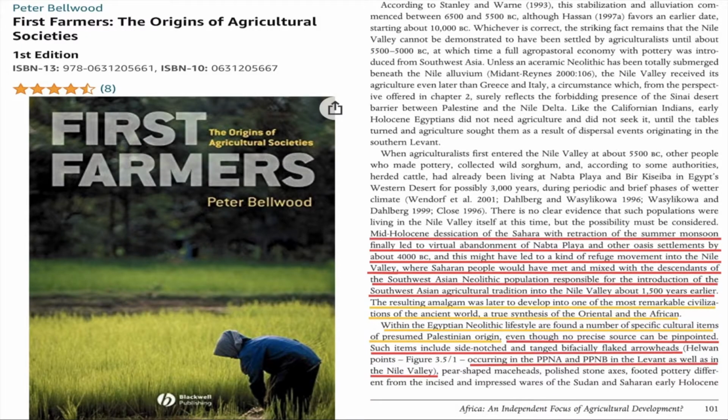And this might have led to a kind of refuge movement into the Nile Valley, where Saharan people would have met and mixed with the descendants of the Southwest Asian Neolithic populations, responsible for the introduction of the Southwest Asian agricultural tradition into the Nile Valley about 1,500 years earlier.